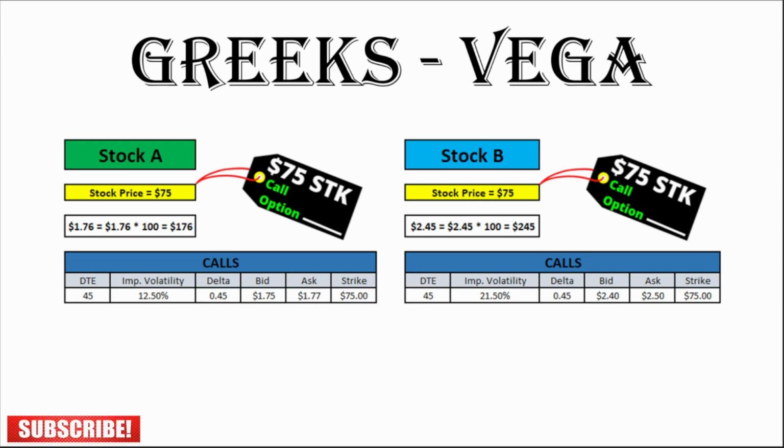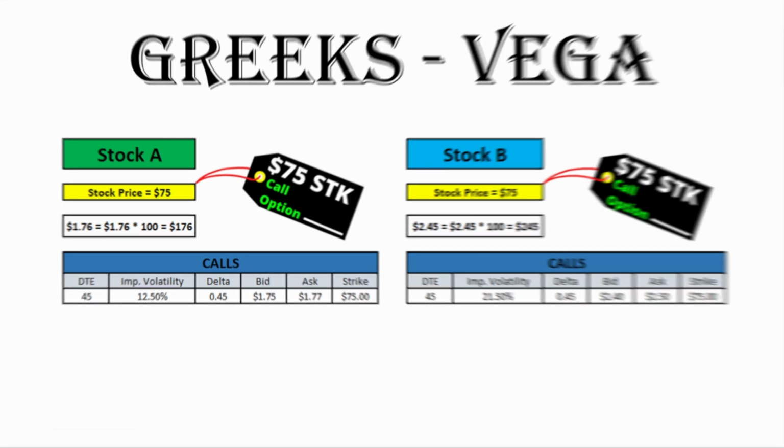In addition to the underlying price for both stocks being the same and expiring on the same day with the same $75 strike price and delta values, yet the option on stock B will be more expensive. This is because the option on stock B has a higher volatility.